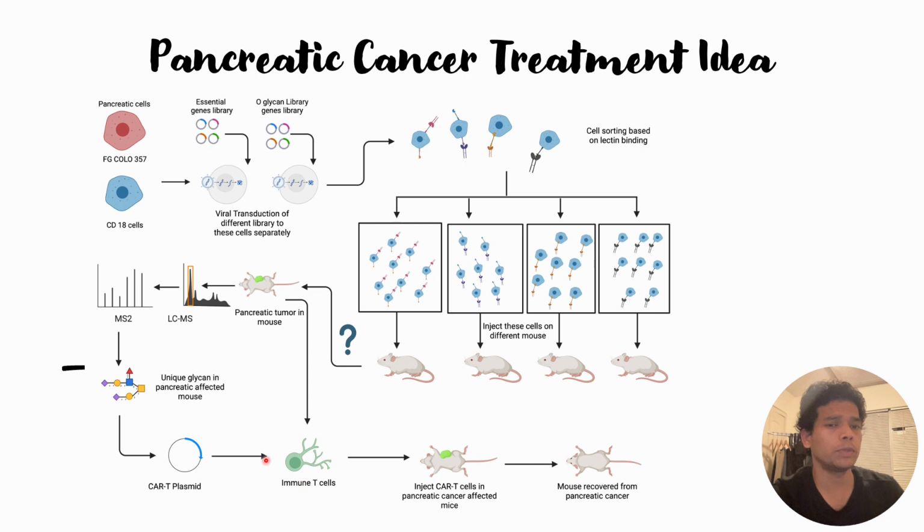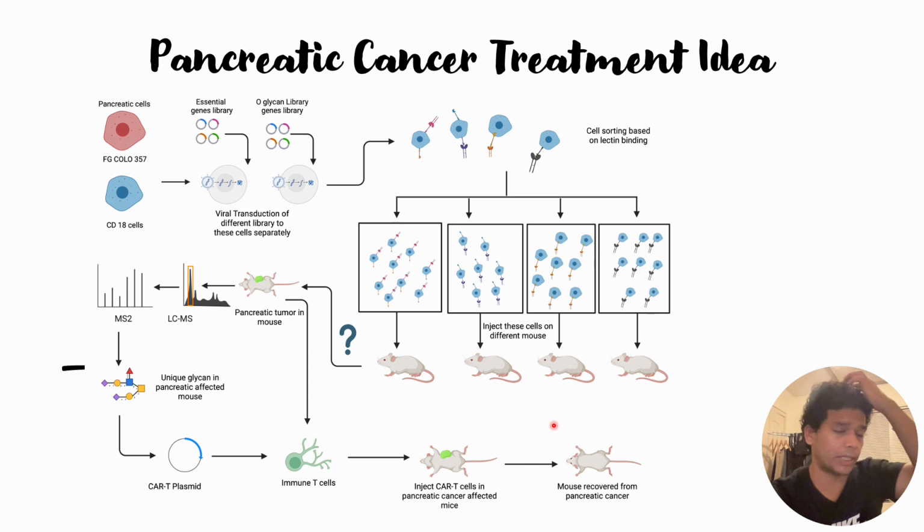Different kinds of CAR T cells have been evolved, and some of them have shown positive results even on solid tumors, not just on blood cancer cells. So one important thing we need to take care of is to use CAR T cells that are effective on solid tumors, as pancreatic cancer is a solid tumor cancer.